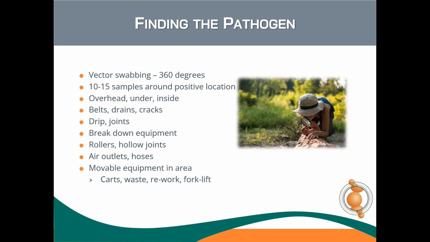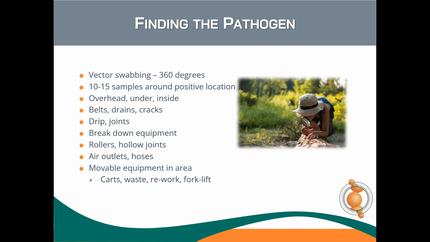Any item is a suspect that is in that immediate area of the processing line. Any open cabinets, open panels, wheels or legs on equipment moving in and out of that area is suspect. So definitely keep an eye on those moving carts and wheels that you have from other parts of your production coming in and out of that area.